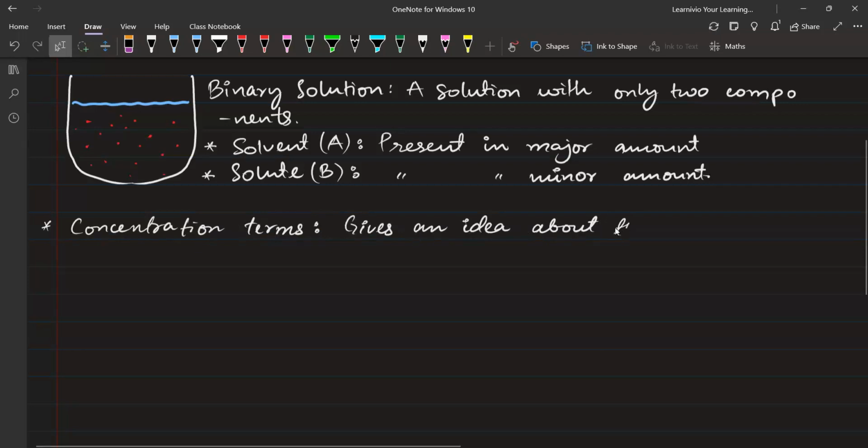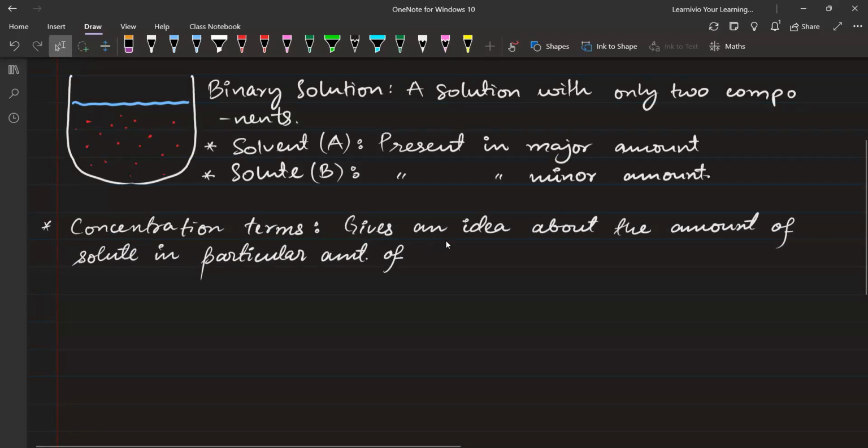They give an idea about the amount of solute in a particular amount of solvent or solution.